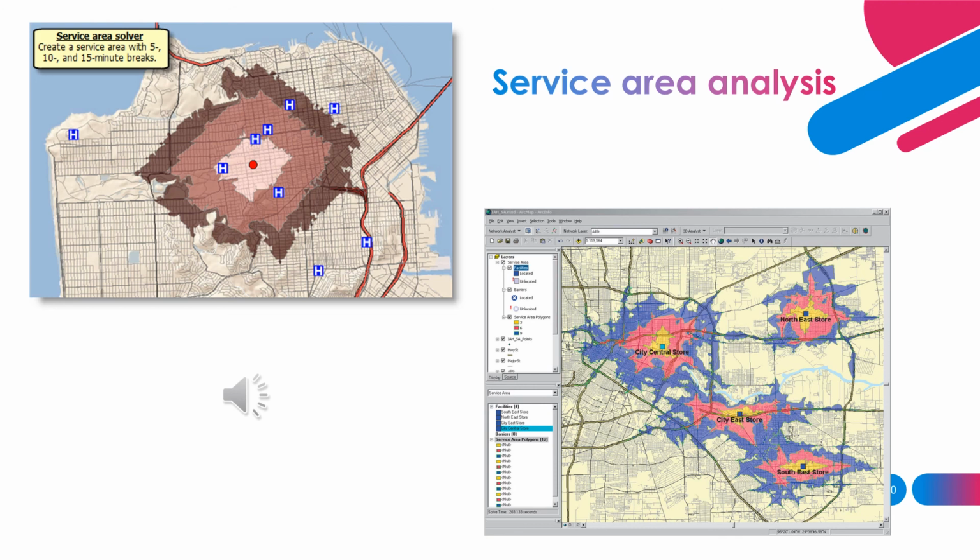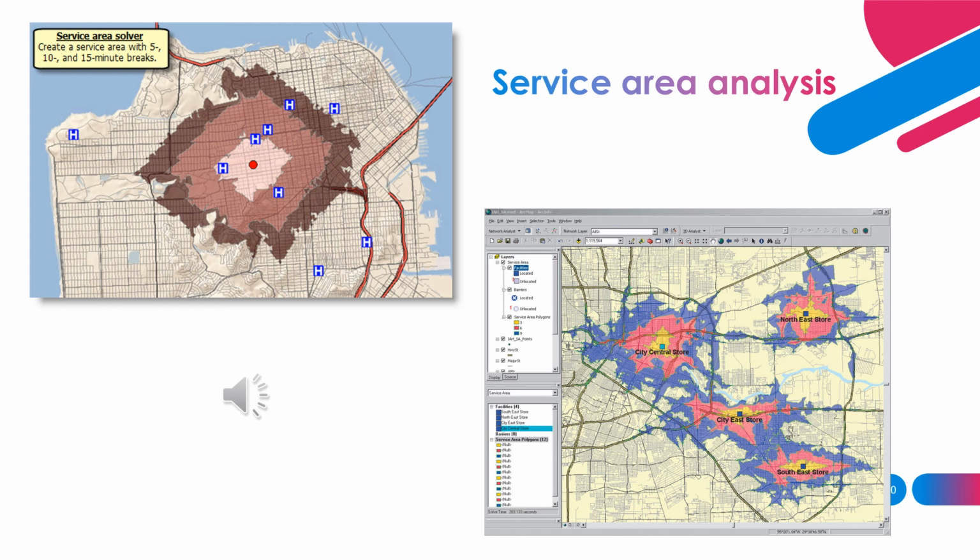The last is service area analysis. It generates polygons or lines that cover all edges within a given distance, travel time, or other impedance unit from a predefined facility. A network service area is a region that encompasses all accessible streets.